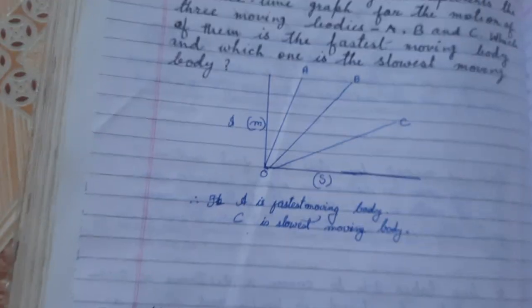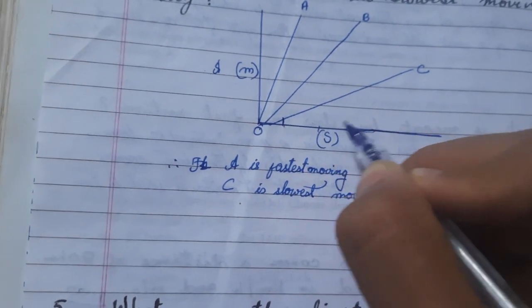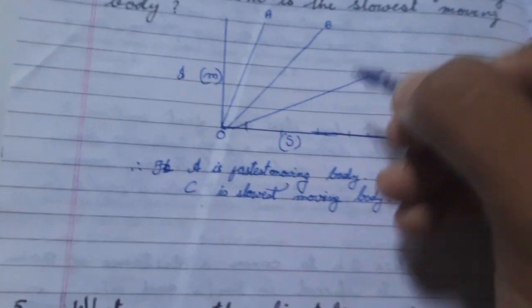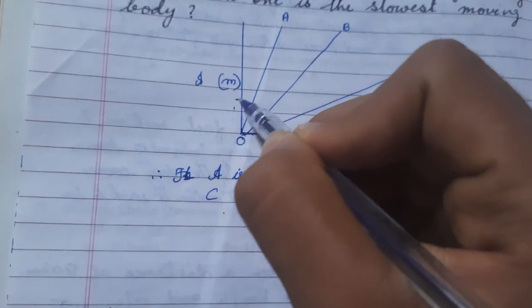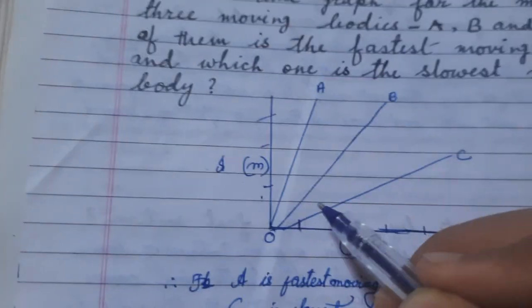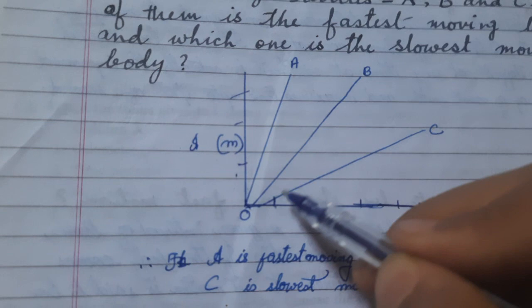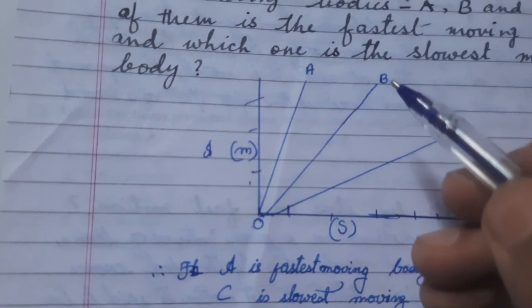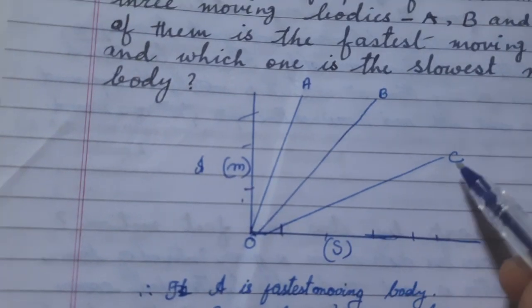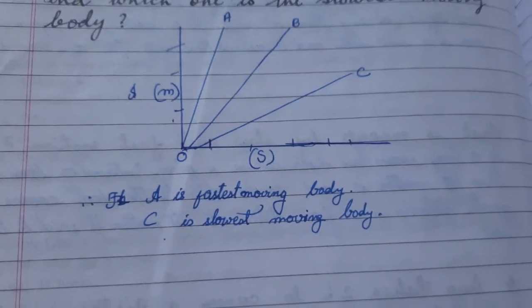The time is measured like this: 1 centimeter, 2, 3, 4 centimeters. The distance is measured like this: 2 centimeters, 3 centimeters. Here it covered more distance in less time, and here it covered minimum distance in much more time. So A is the fastest moving body, while C is the slowest moving body.